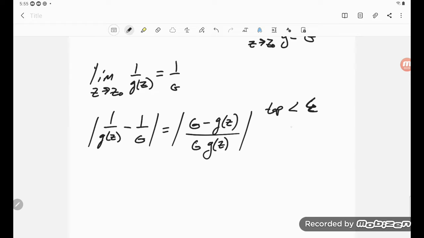I'm going to choose a slightly different number than epsilon, and the number I'm going to pick is actually epsilon times big G squared over 2. So I can make the top that small given the right delta.